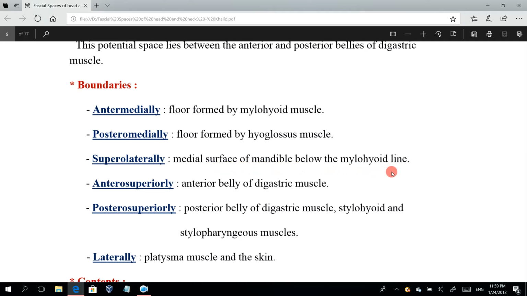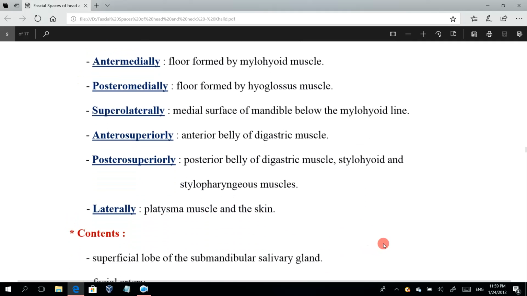Anterosuperiorly, anterior belly of the digastric muscle. Posterosuperiorly, posterior belly of the digastric muscle, stylohyoid and stylopharyngeus muscles. Laterally, of course, we have the platysma muscle and the skin. So these are the boundaries of the submandibular space.